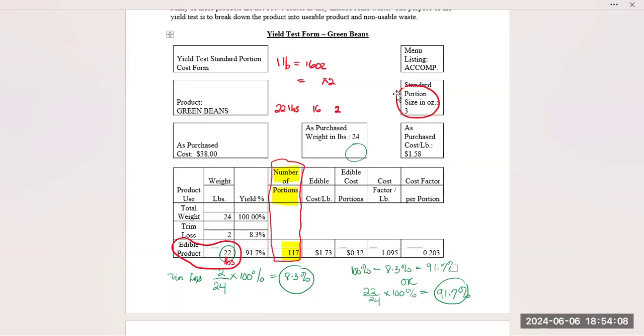Why not? Sir, because it wouldn't even add up to a half ounce, sir. Very good. It's not enough to give a full serving size, is it? Yes, sir. So you can leave it alone. So that's how we get our 117.